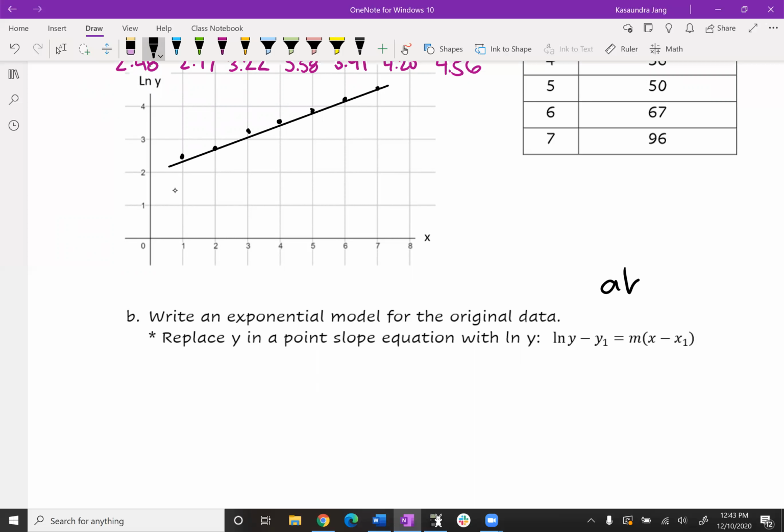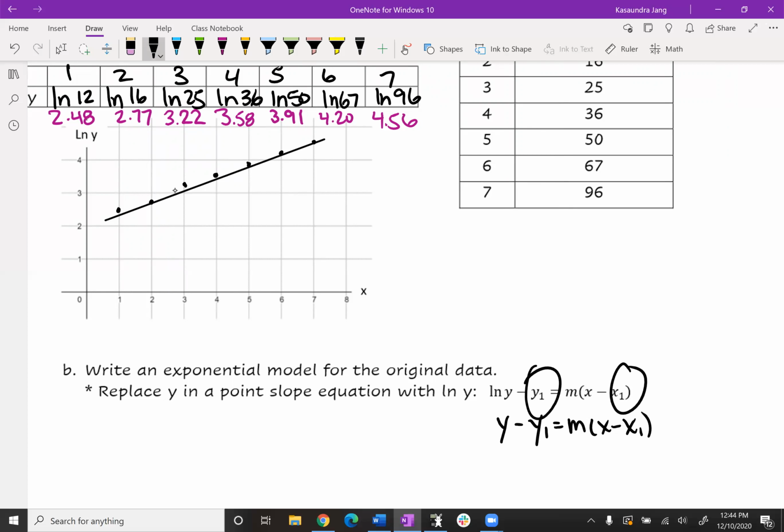So I can pick really any x1, y1 point. It honestly doesn't really matter. So let's see here, Maddie, will you pick one of these points? I don't really care. But I have to pick one of the ones off of my x and natural log of y. All right, so Maddie, pick one of these guys. All right, 2.48.